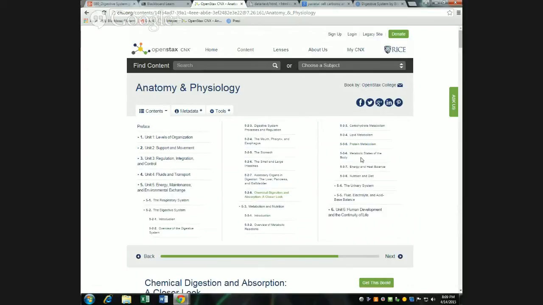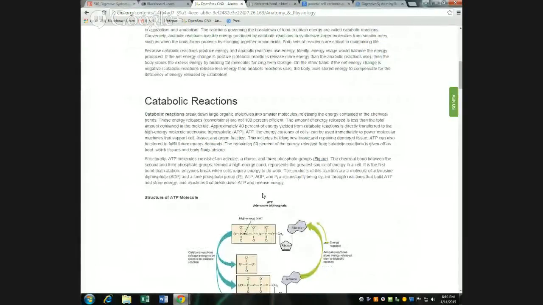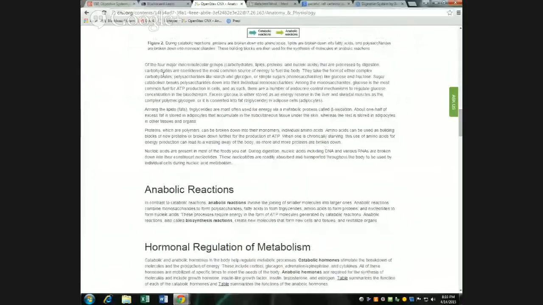And I just want to go into this chapter briefly to talk about a couple of things. Metabolism overall is all of the things that happen in your cells, all the chemical reactions. They can be categorized as catabolic, meaning things getting broken down, or anabolic, meaning things getting built up.